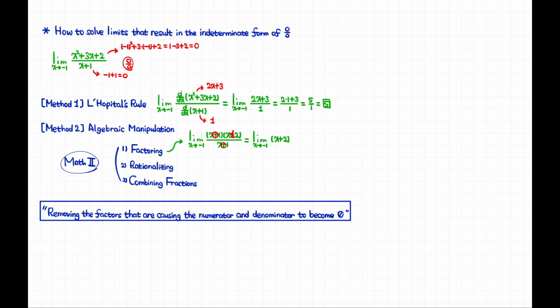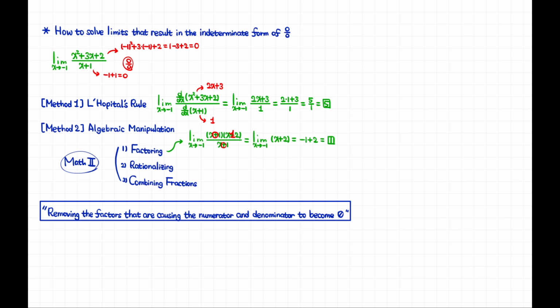Which means the 0 over 0 is gone, just like what I talked about earlier. Now we're left with just x plus 2. And if we plug in x equals -1 now, we get the value -1 plus 2, which is 1. And that's it. That's the actual limit, the convergence value.